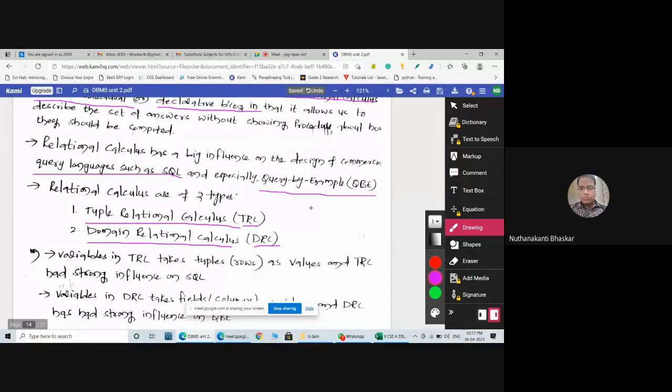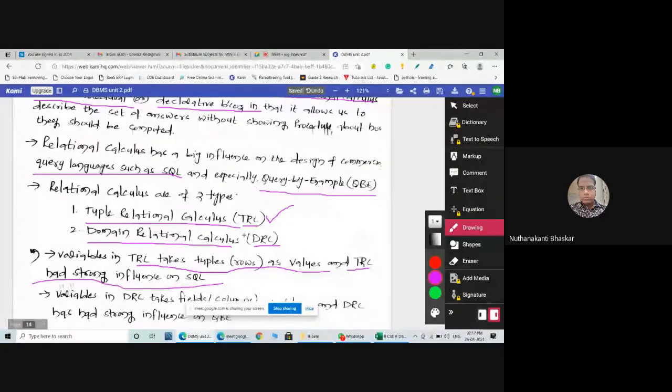Exactly, rows. From the name itself we can understand that tuple relational calculus works on rows. The output must always be records, tuples only. Here the variable in TRC takes tuples as a value. TRC has a strong influence on SQL.